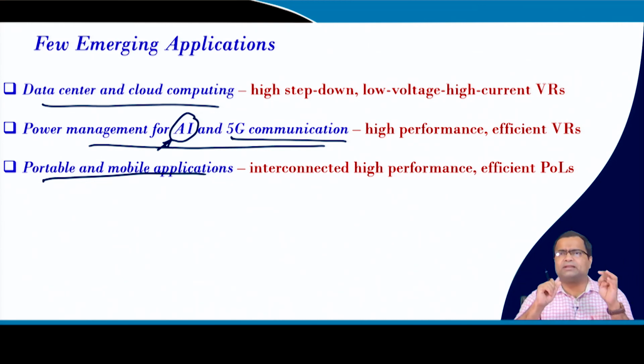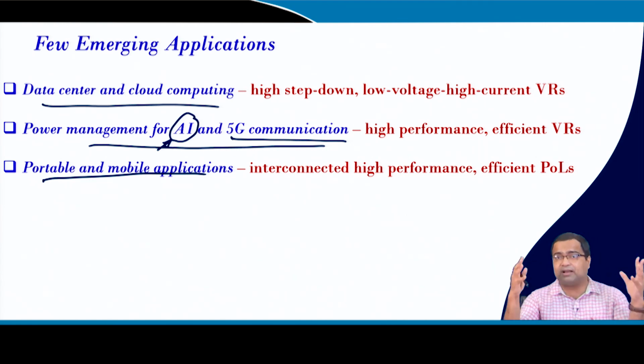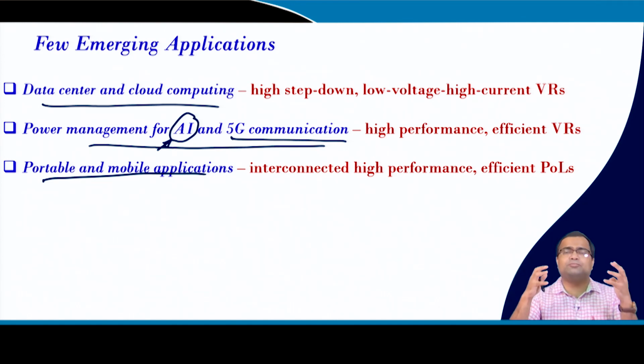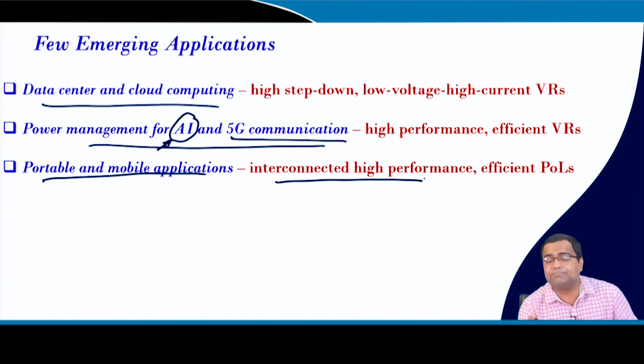They can be operated either in standby mode, extremely low power where you need to save energy, as well as at full capacity where the processing requirement can be very high, and the power supply has to meet the demand for both dynamic voltage scaling, that is voltage difference, as well as current difference. So, we need a very interconnected high performance POL solution.